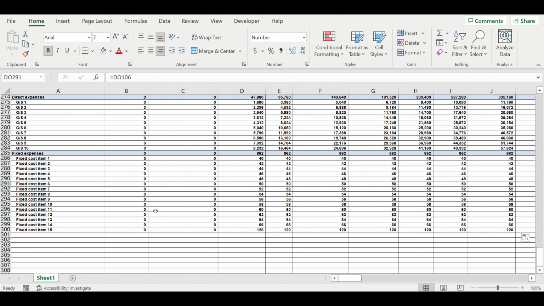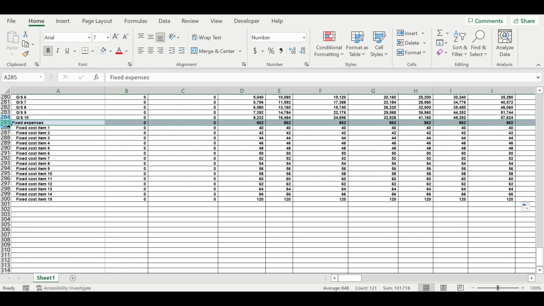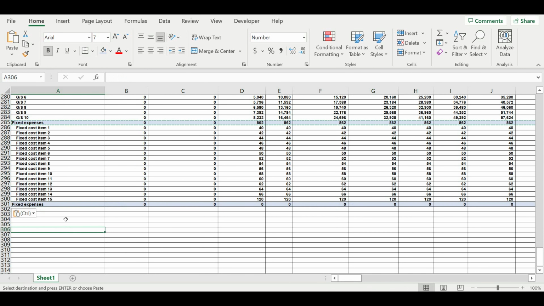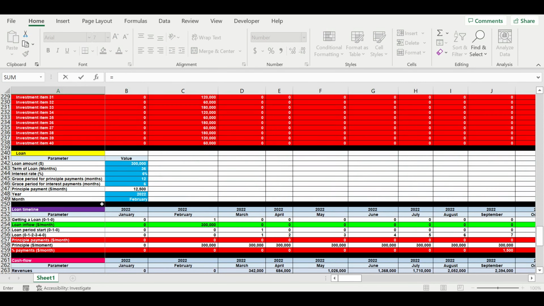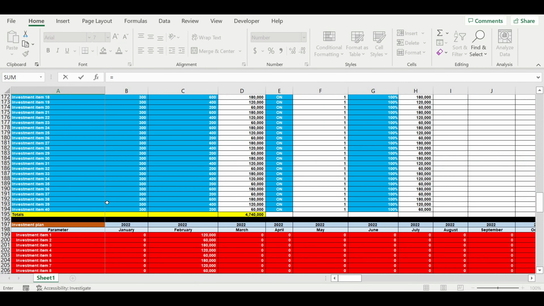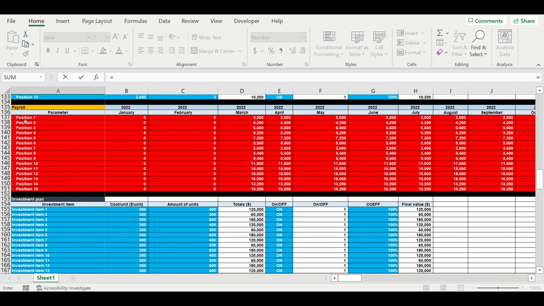Then we are moving to payroll. For payroll, we are taking red lines with payroll. Here they are.